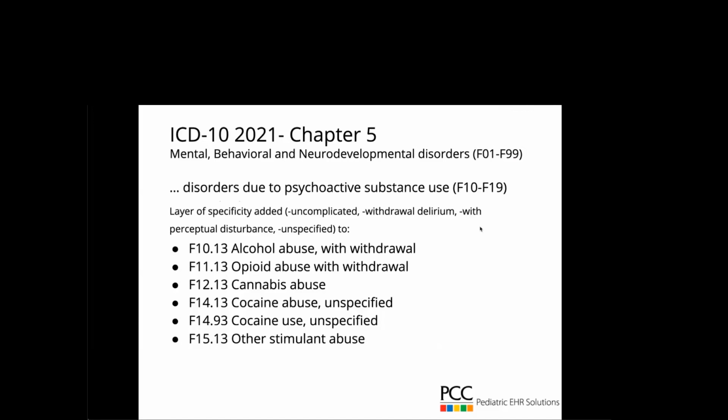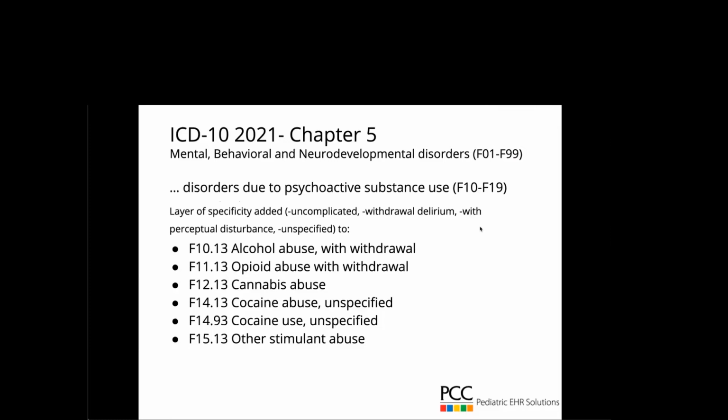So if your practice has a population of patients who are diagnosed with abuse disorders, withdrawal, and these surrounding factors, these complications and these side effects of withdrawal can now be coded specifically.